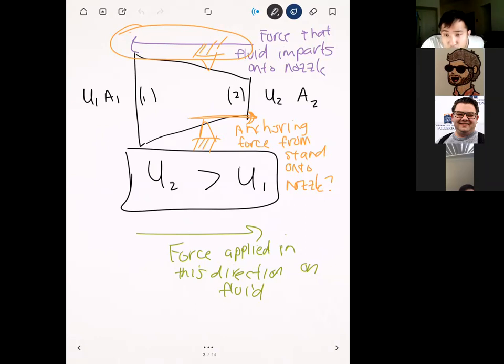All right, question. So what about the properties of the fluid? Do we neglect it like acid? What do you mean by the properties of the fluid?